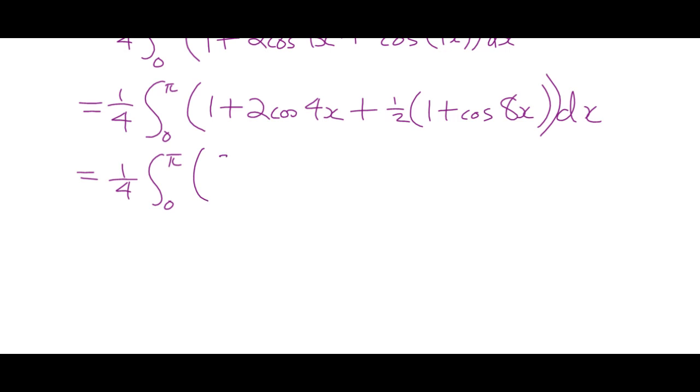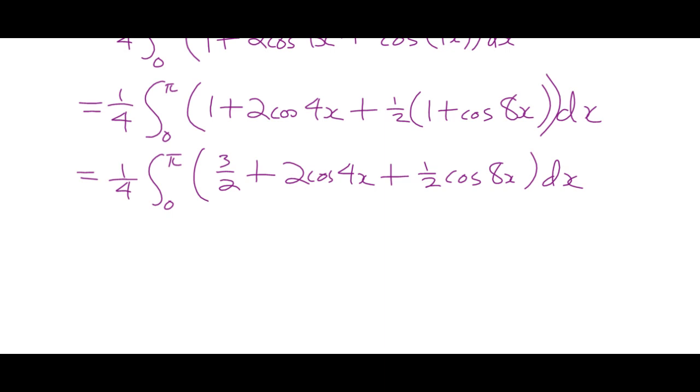So that's going to be 3/2. We've got the 2 cos 4x. And we've got 1/2 of cos 8x. Okay, so we distributed the half through, that gave us a 1/2, which got added to this 1, became 3/2. And we've got the 2 cos 4x, and we've got 1/2 of cos 8x dx.